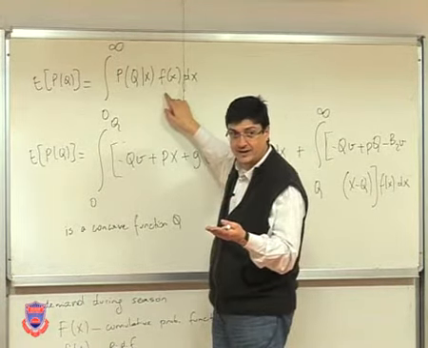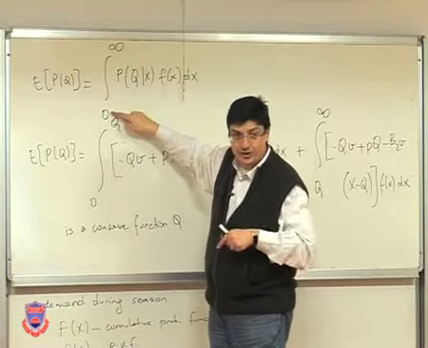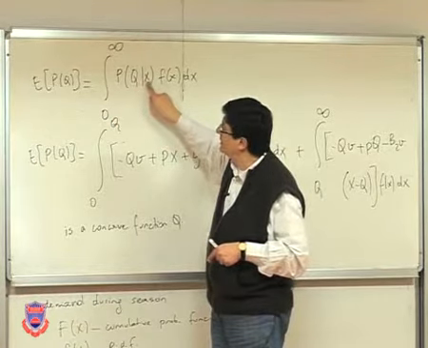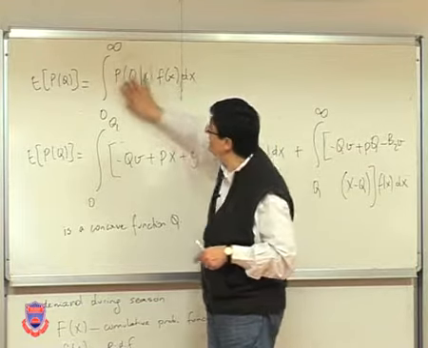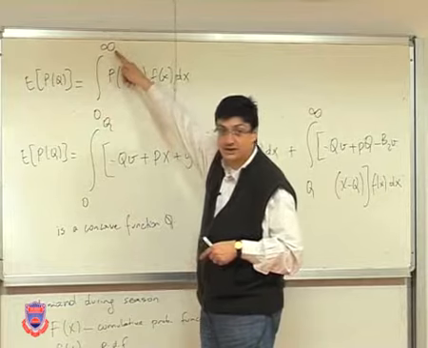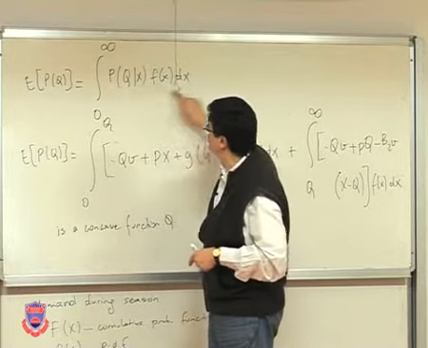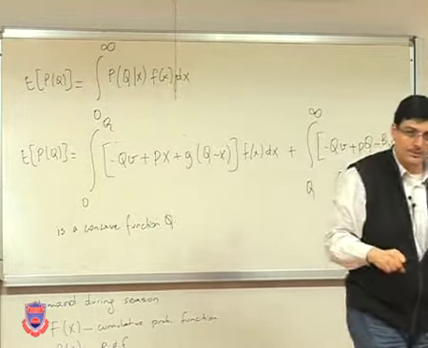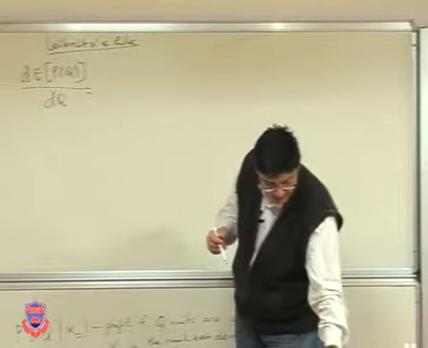The second term is you take the derivative of the lower limit and plug the lower limit into this x that you see here. And the third term is you take the derivative of the term that you are integrating. You still keep the integral limits the same way, but instead of this term here, you have the derivative of that term with respect to Q. So if you do this, we are going to obtain the following.